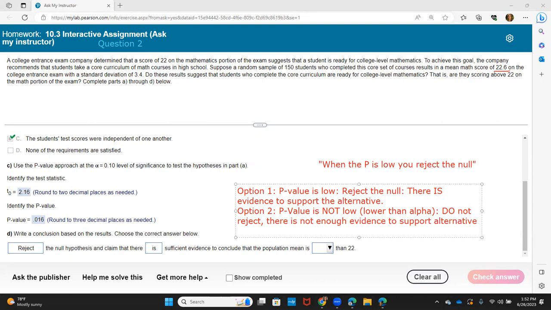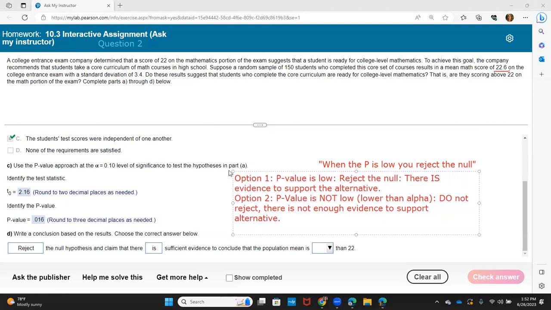I feel like that's why they stress this connection to the court of law in hypothesis testing, because logically it makes sense for us. We either find someone guilty because there's enough evidence, or we say they're not guilty because there's not enough evidence. If you ever get called for the loveliness of jury duty, that would make a little more sense.